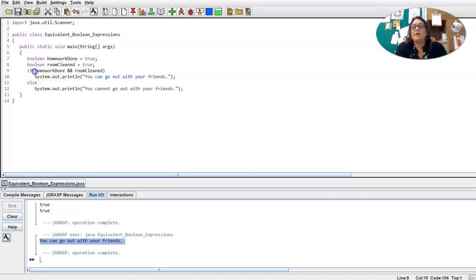Now, if we were to take this expression, homework done and room cleaned, and we negate it, so we're going to put an exclamation point in front, right? That's now the opposite. Homework done and room cleaned, if that evaluates to true, the not operator makes that false, and so now it would print the second result, the else.